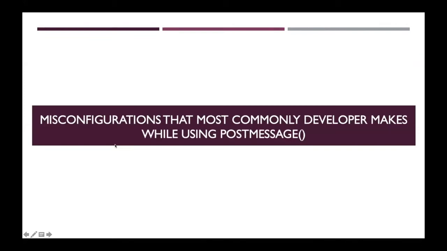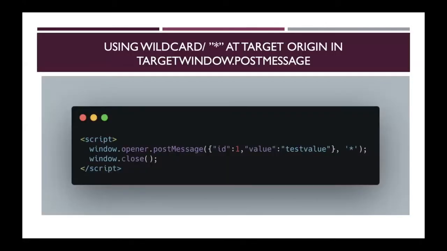Now the misconfigurations that developers commonly make while using the postMessage method in their application. The first misconfiguration is declaring the wildcard, or you can say the star, as the target origin in the targetWindow.postMessage function. As I explained, when the pop-up window, or window 2, is sharing any sensitive information with the main page, or window 1, you have to declare the target origin in that particular postMessage function.